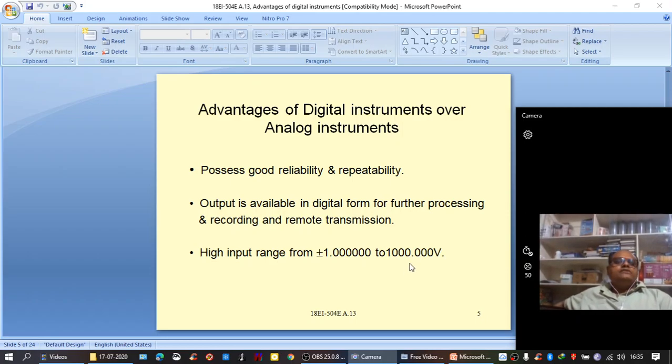Generally, analog instruments cannot be used for high voltage measurements because of the galvanometer used in that, and the coil used in the galvanometer may get damaged by high currents. But whereas in case of digital instruments, you can conveniently use the digital instruments to measure starting from 0 volts to 1000 volts.